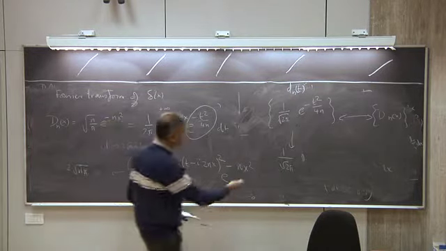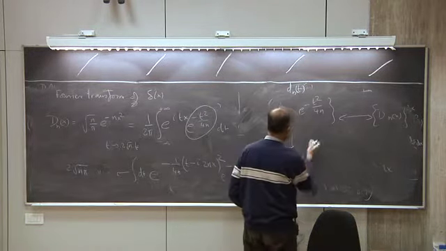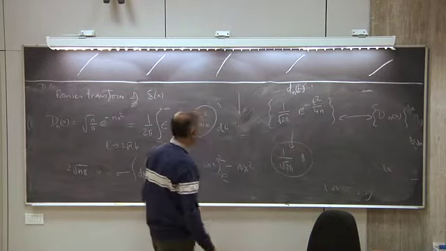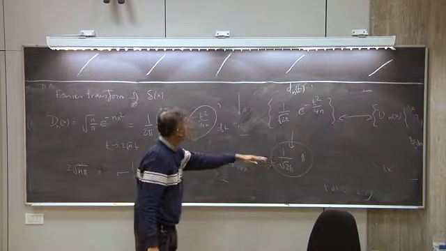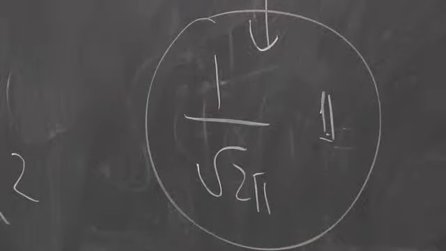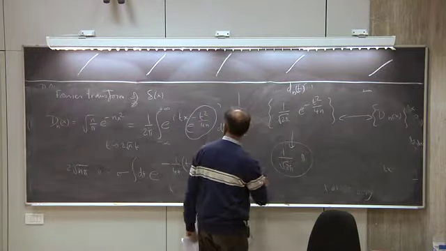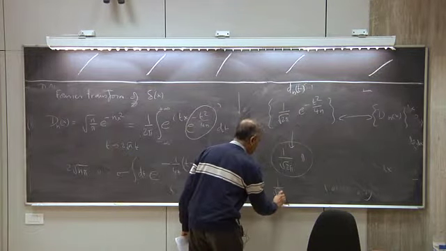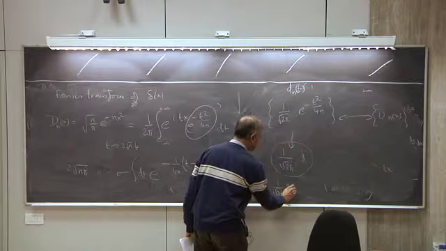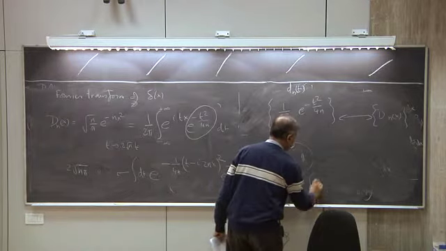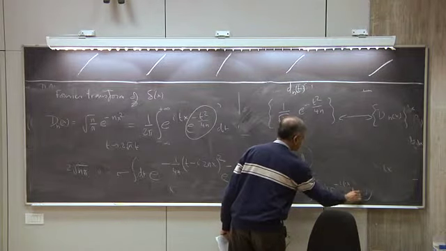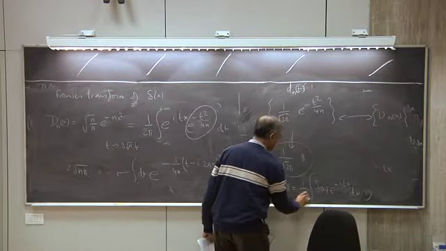And the inversion formula simply gives you, after all, this is a generalized function. So what we are saying is that this is the Fourier transform of the delta function, right? So therefore, now this object should again be, so what we are saying is 1 over root 2 pi times 1 should be equal to the integral of delta of x times e to the minus i k x, times 1 over root 2 pi.